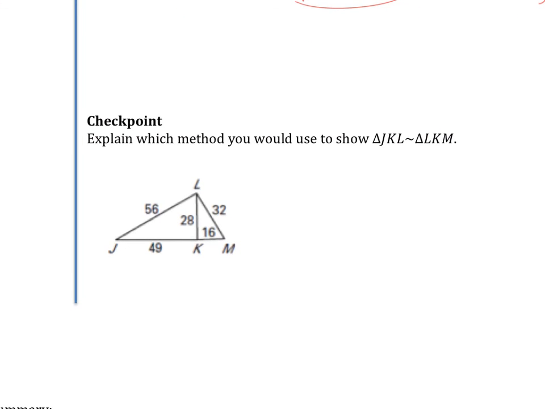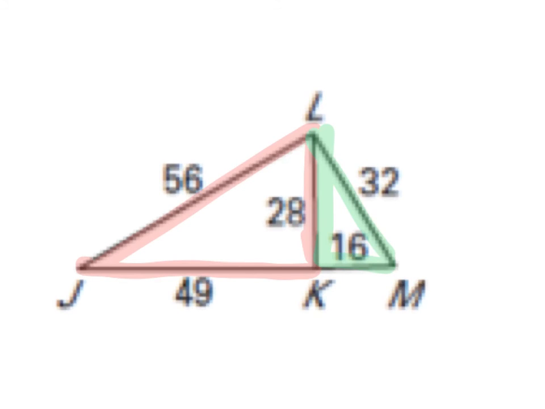And then checkpoint 2, explain which method you would use to show that triangle JKL, so J to K to L, is similar to L to K to M. So if you look at this picture, if I zoom in on the red triangle, we do know 3 sides, a side, and a side.